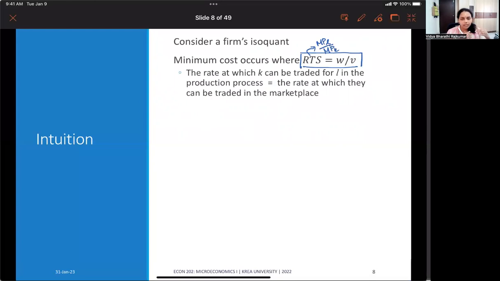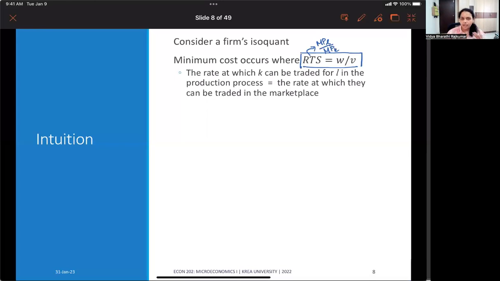Intuitively, the rate of technical substitution tells you how much of one input you're willing to give up to get one more unit of another input to stay on the same isoquant. The price ratio tells you the relative value of the two inputs in the market, how you can trade one input for another in the market. So the rate of trade-off between the inputs in the production process should be equal to the rate of trade-off for the inputs in the marketplace.